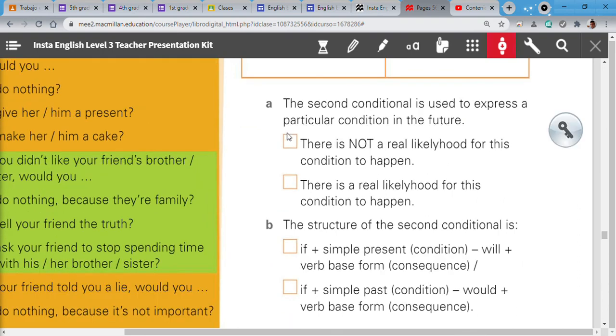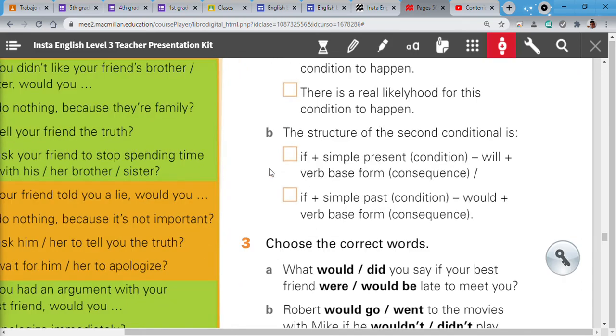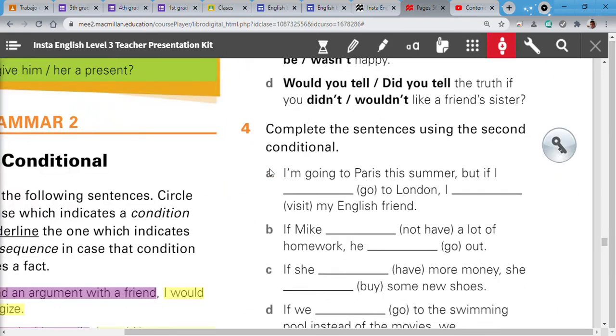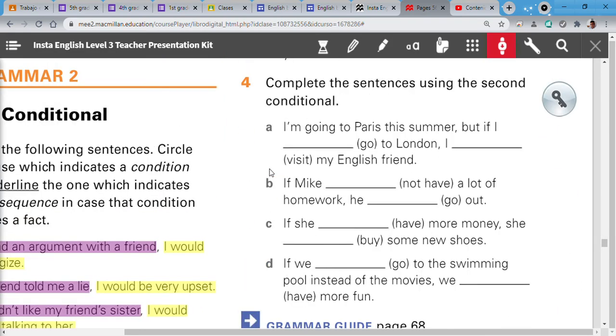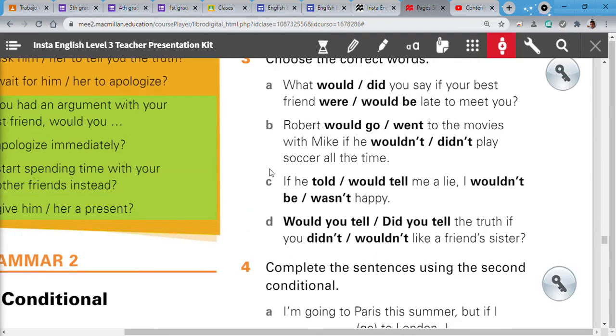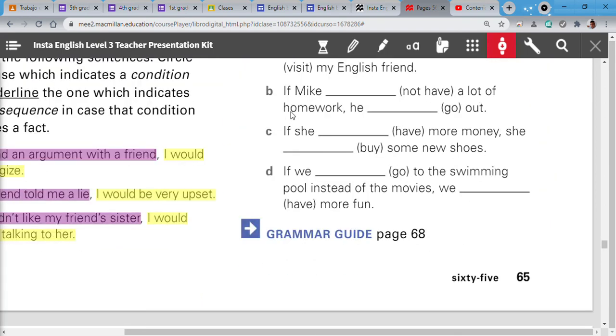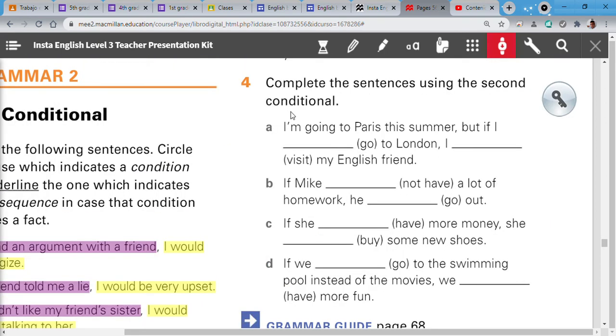Now here, there is not real. Now let's see, here I have some activities in which you can practice the second conditional. Second conditional, remember, imaginary situations. So we're going to check these activities in class so that you can practice.